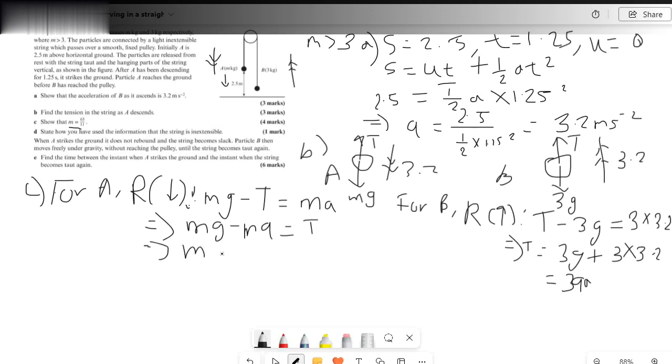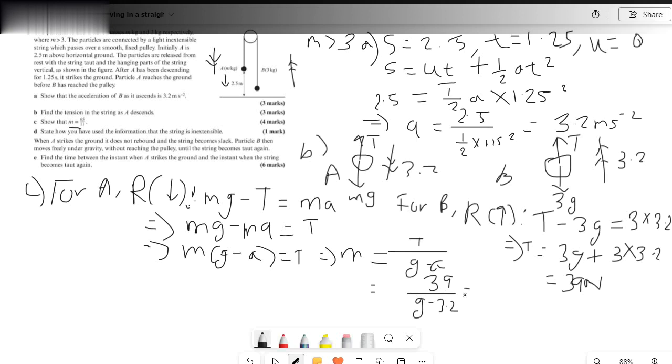Taking a common factor of m, we get m multiplied with g minus a is equal to T. And so m must be T divided by g minus a. Tension is 39, divided by g, which is 9.8, subtracted with acceleration, which is 3.2. Plugging in the values, we should get 39 by 6.6, which is 65 by 11.